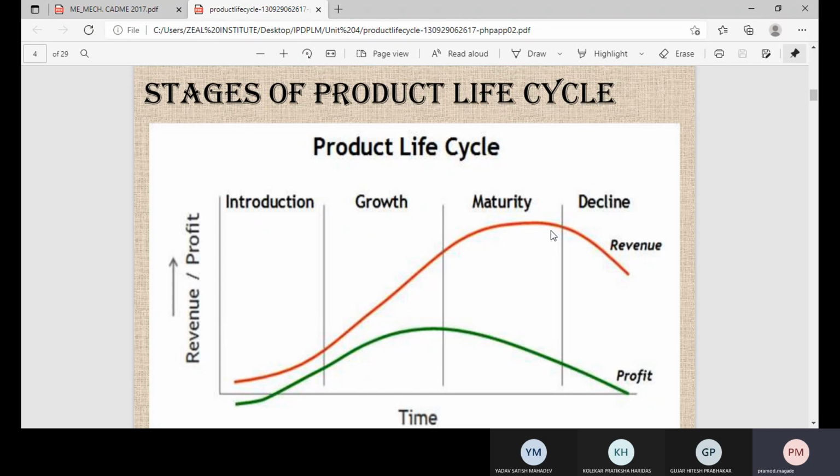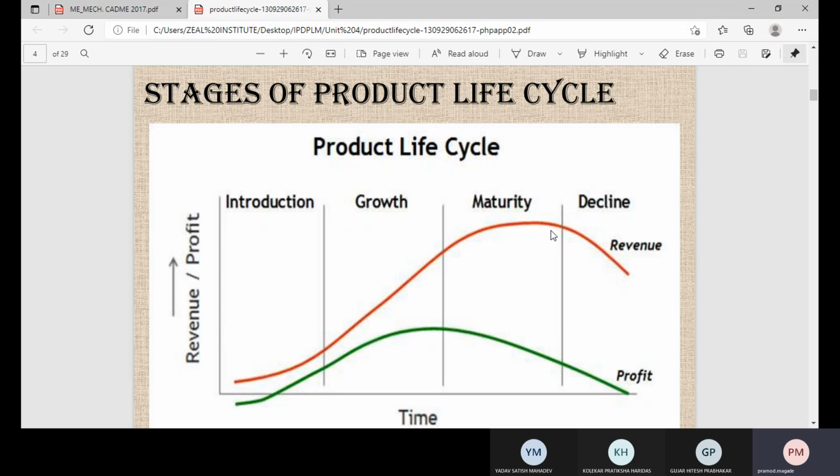So he spent a total of one year in the maturity span. Of course, he made a lot of effort, but still that we call the maturity phase. And right now, we just know the name Himesh Reshmiya. The songs or music are not as available as in the maturity span. So there will be declination. Such things always happen with respect to any product.